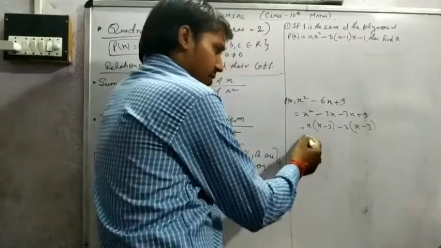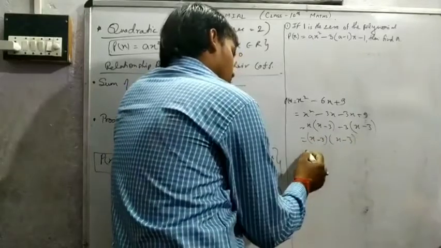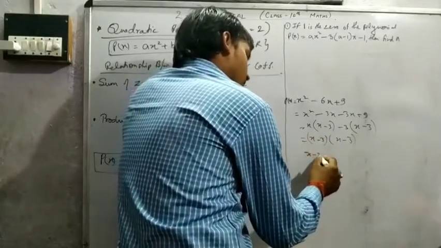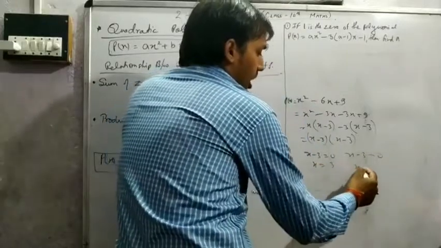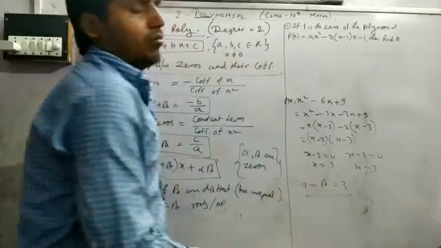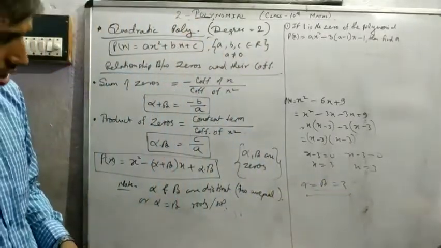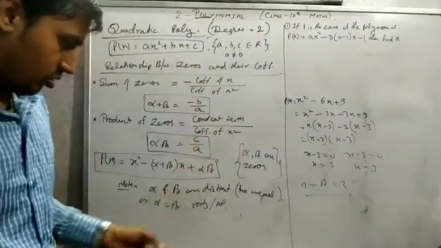You did this in class 9. So x minus 3 times x minus 3, so x minus 3 is 0, x minus 3 is 0, x equal to 3, x equal to 3, meaning alpha is equal to beta is equal to 3. Both are equal. Okay, so either equal roots, or, as in the previous examples, unequal roots.